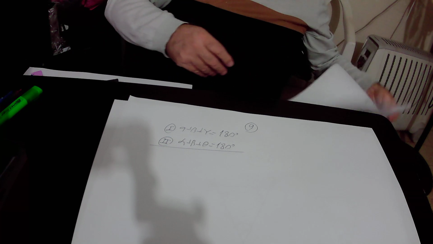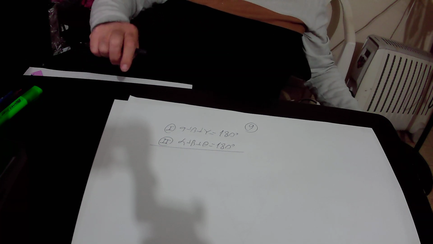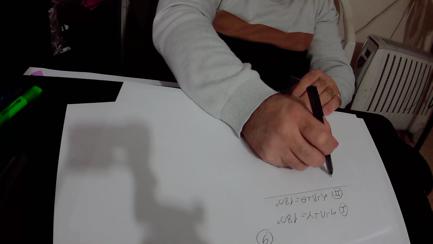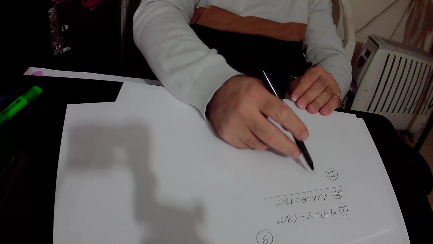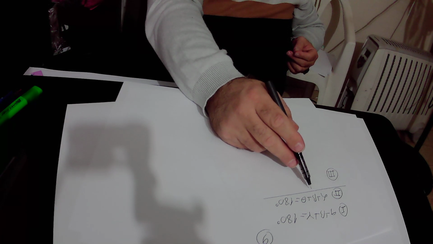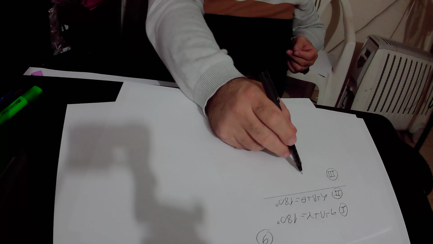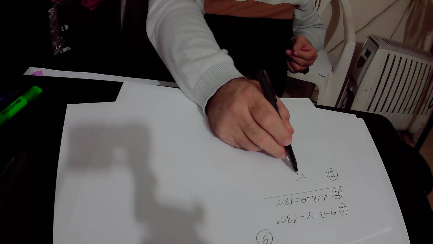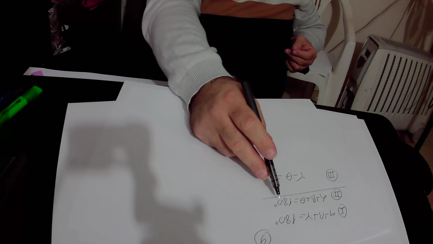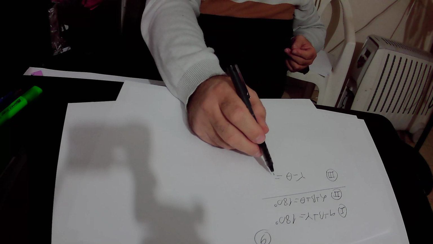from equation number 2, and we get equation number 3 that states that alpha minus alpha is 0, beta minus beta is 0, and gamma minus theta equals 180 degrees minus 180 degrees, which is 0.